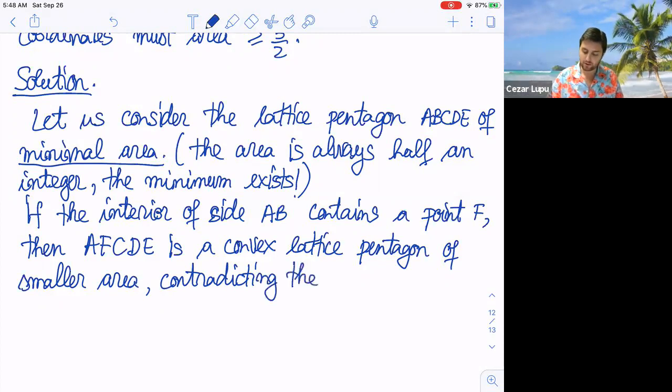So this will contradict the choice of A, B, C, D, E.